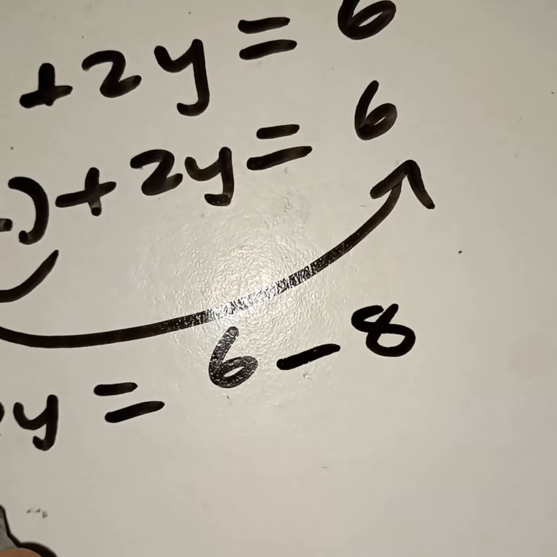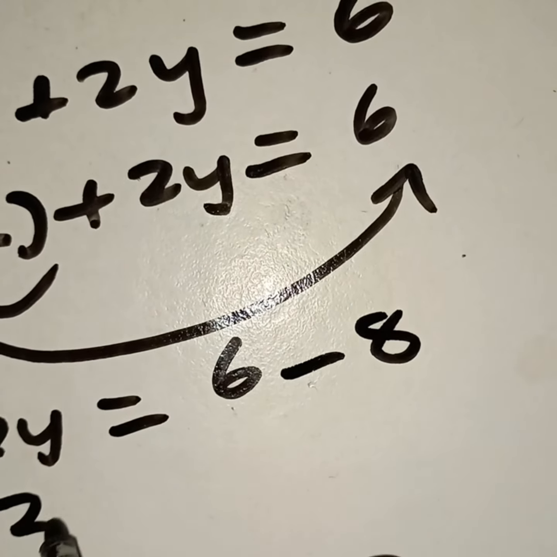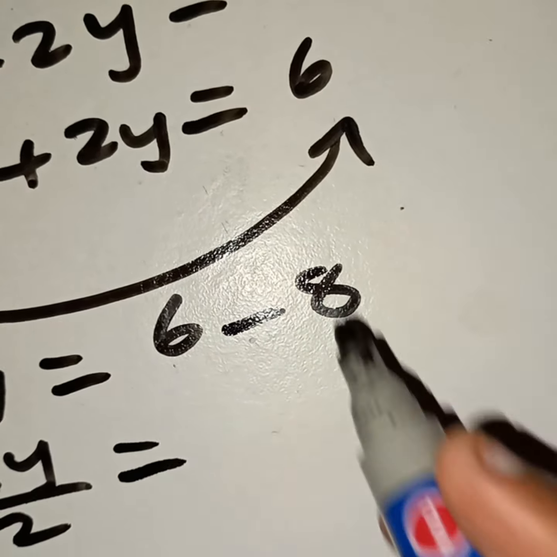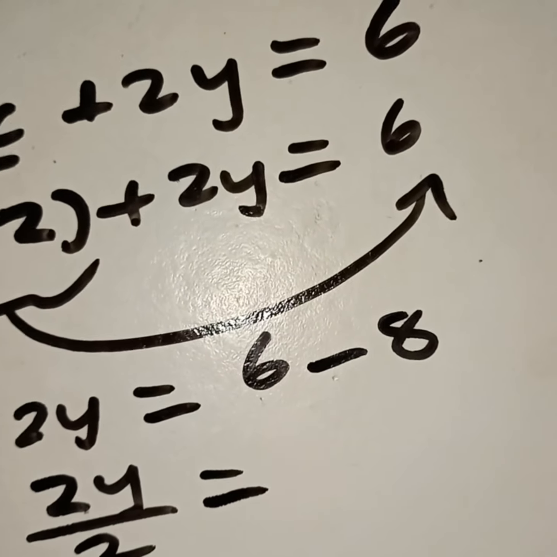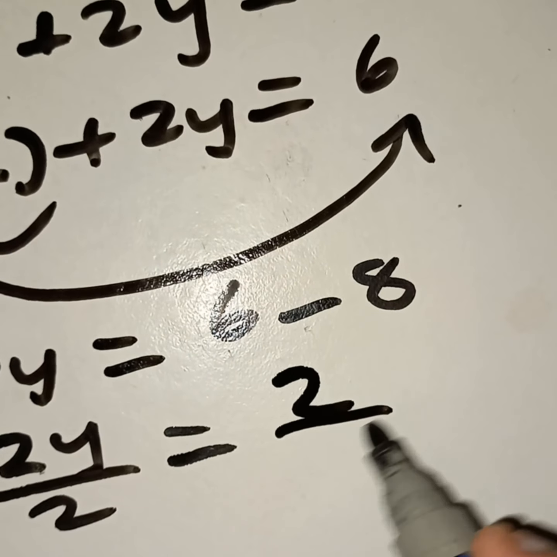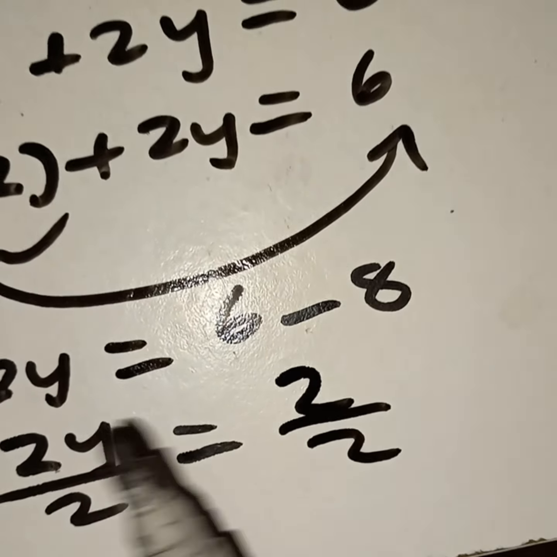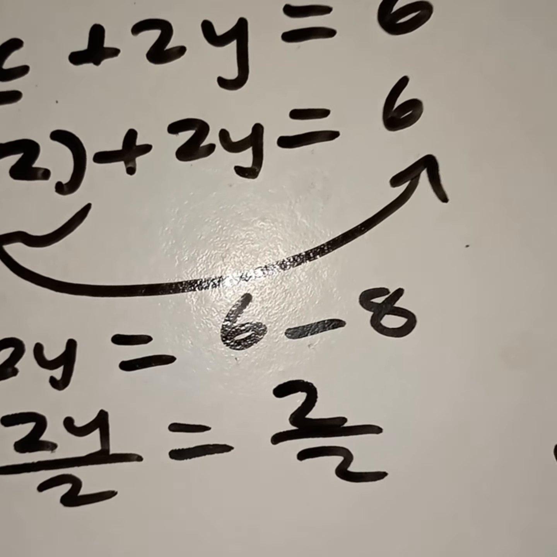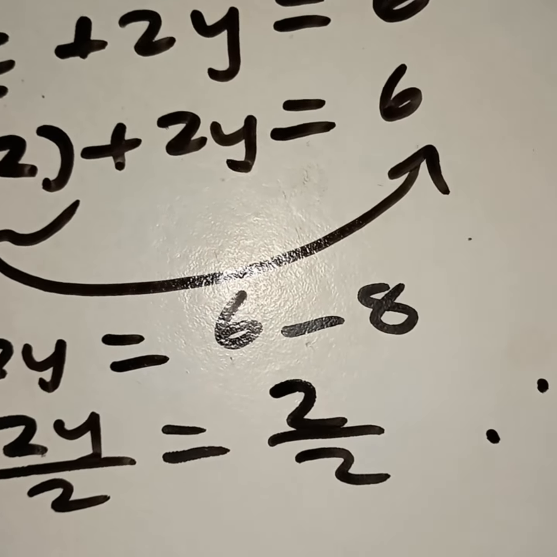So we're left with 2y, let us divide by 2. 6 minus 8 will give us 2. Then we have to divide by 2 on both sides, because what we do on our right hand side, we have to do on our left hand side. Therefore we find our y value equals positive 1. So we are done with solving for y.